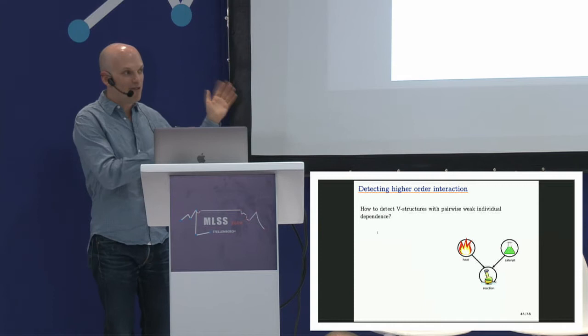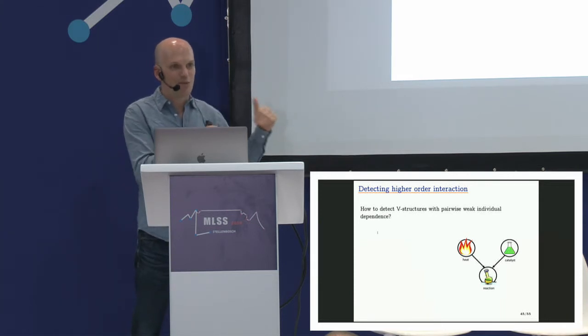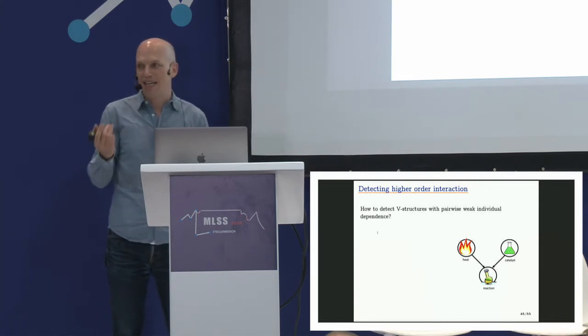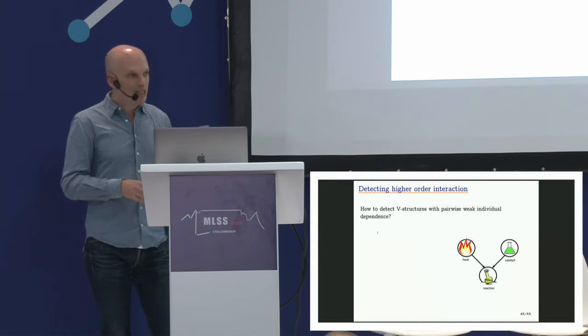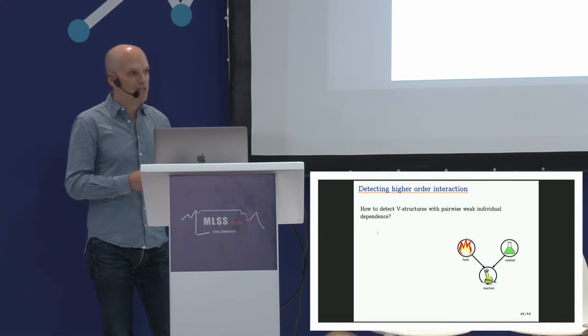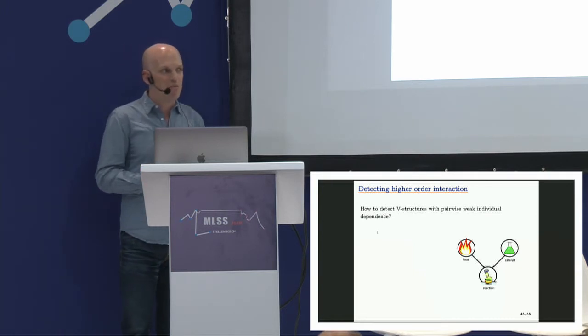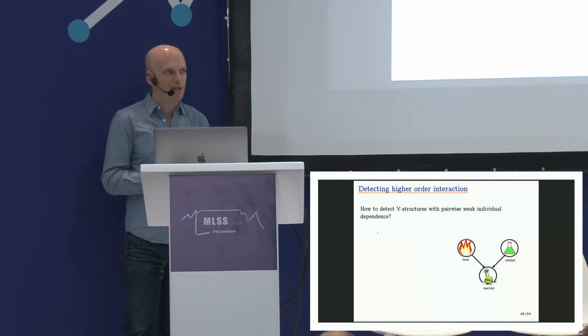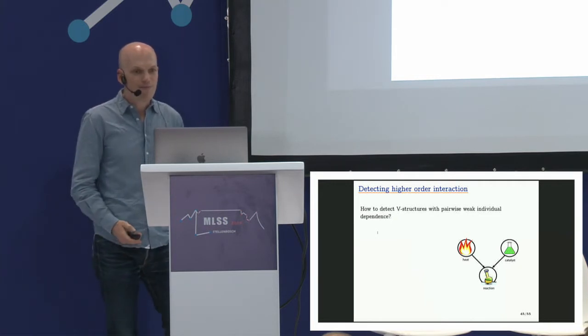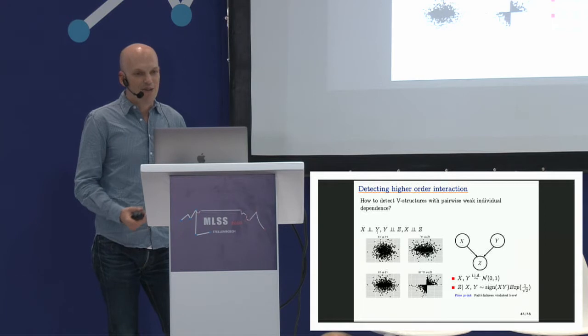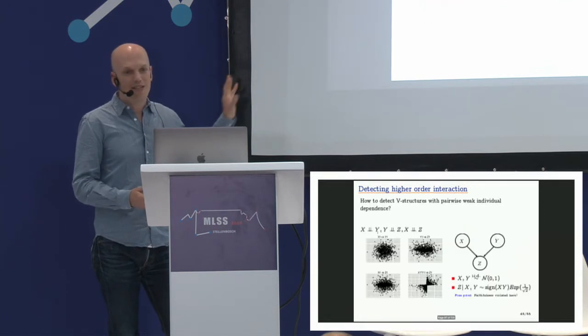So obviously, individually, these 2 influences are weak, but if I combine the heat and the catalyst, I get a strong reaction. And these individually weak but strongly combined effects are the ones that are really interesting to detect, because I can't detect these influences using just pairwise dependence on its own. All right, so this is my cartoon.